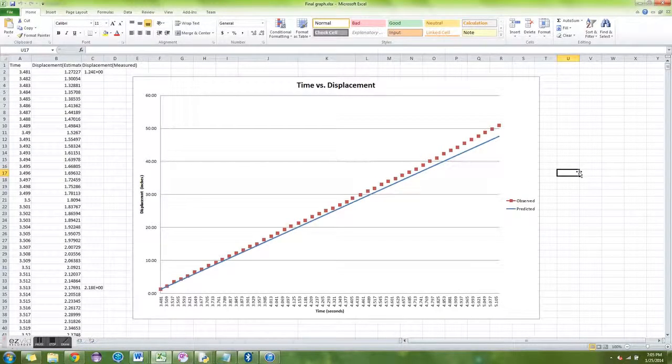So, when we compare the two models, the actual observational and the model we predicted with VPython, we see that the observed falls above the predicted model. And once again, this is more than likely because the water bottle is in fact moving towards the camera, which is in this case both the plus x and plus z direction.